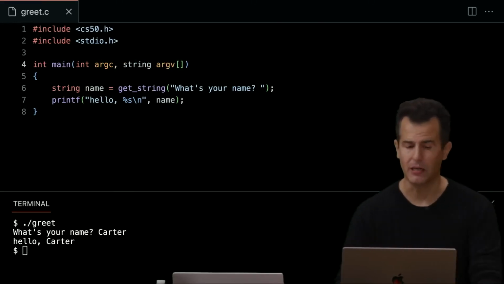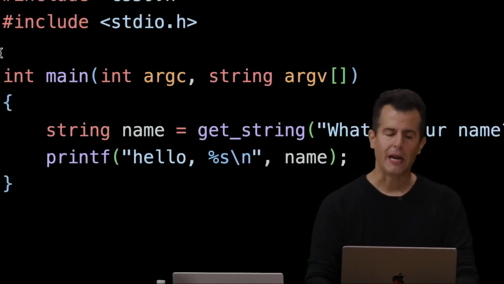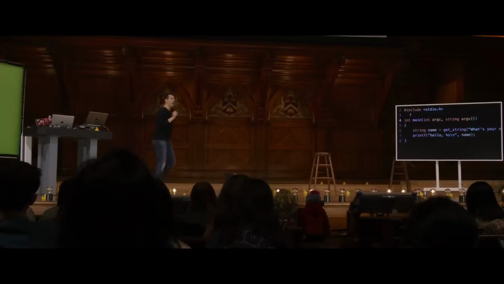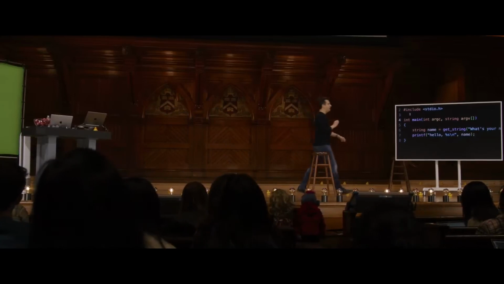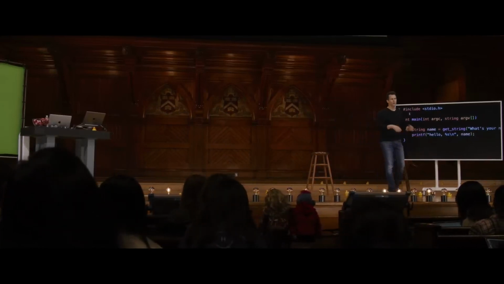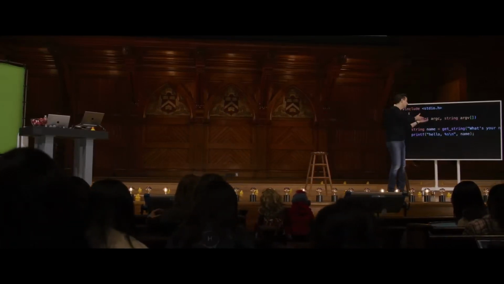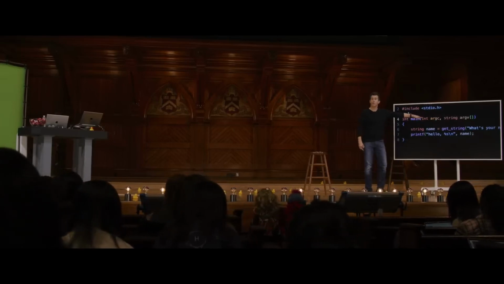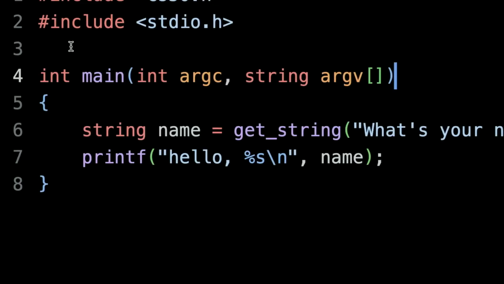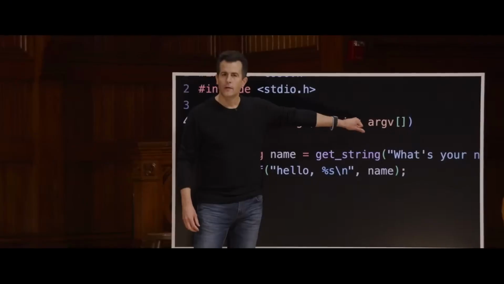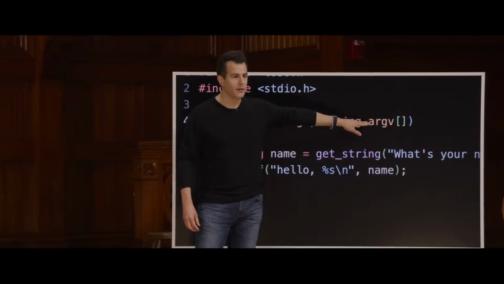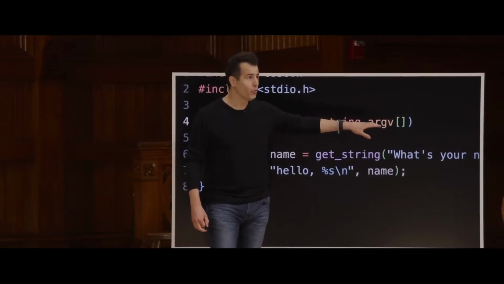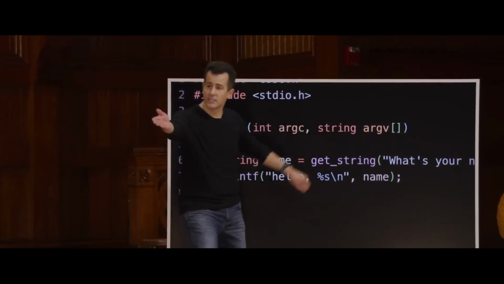Now, it's cryptic, admittedly, and let me zoom in. But I think we can perhaps infer now what's going on. If main now does not have void as its input, which means it takes no arguments, surely the spoiler here is that now main will take command line arguments somehow. Any guesses as to what argv is or will be? What might this represent? It's an array of strings, right, by way of the syntax. Yeah?